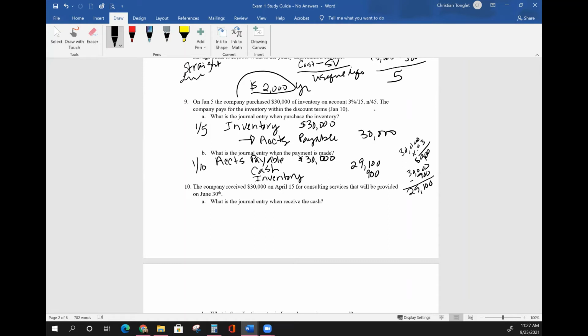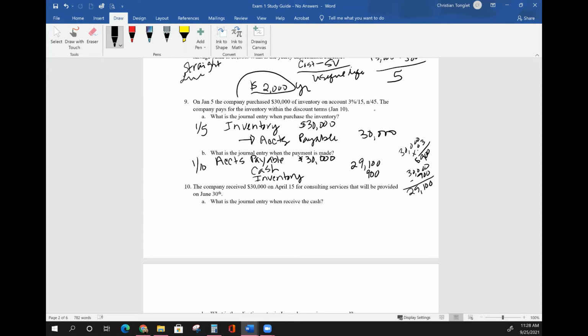Okay, so now our journal entry is in balance. We have 30,000 debit and we also have 30,000 credit. So the cash going out is less the discount. The discount is going to go to inventory as a credit so that it reduces the amount of money sitting in the inventory account. It's reducing the cost of that.